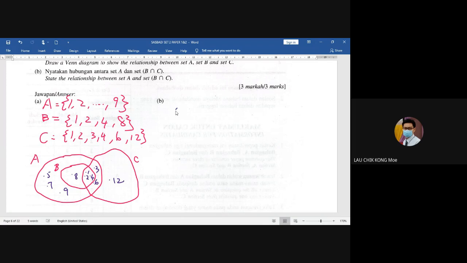We can write B intersect C subset A. It is inside A. So this is the answer, 1 mark. This is 2 marks. Altogether is 3 marks. So write down your answer. Relationship: we can use intersection, union, subset, and so on.